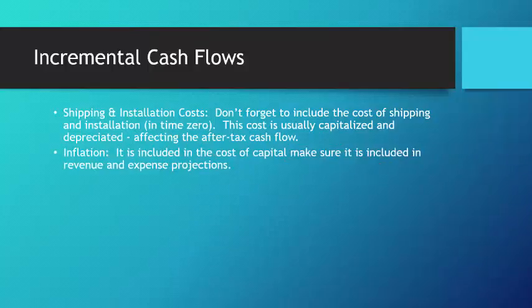Inflation. This one is one that accountants never talk about, but we have to talk about because all of our cost of capital, all of our weighted average cost of capital are after inflation. In other words, there's an inflationary expectation embedded in all the costs of capital.